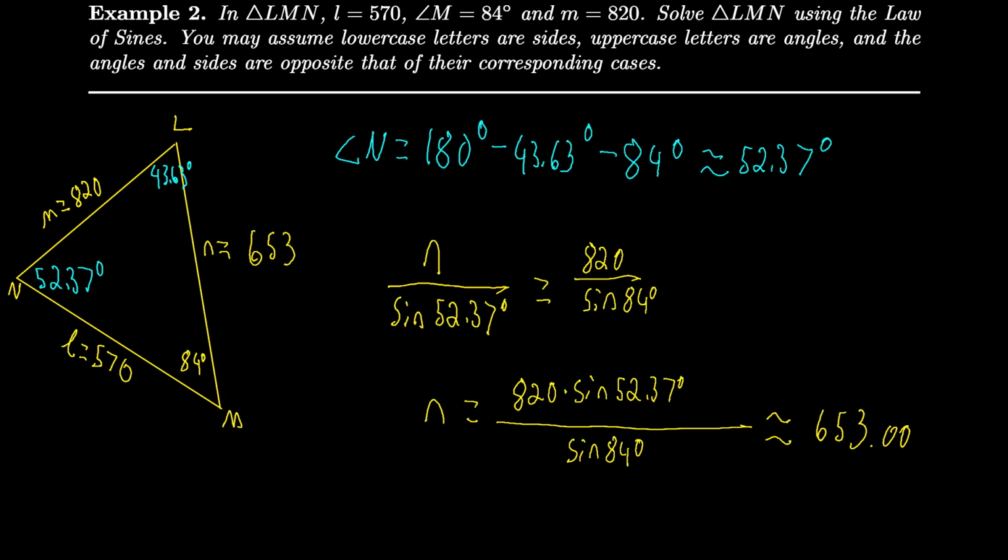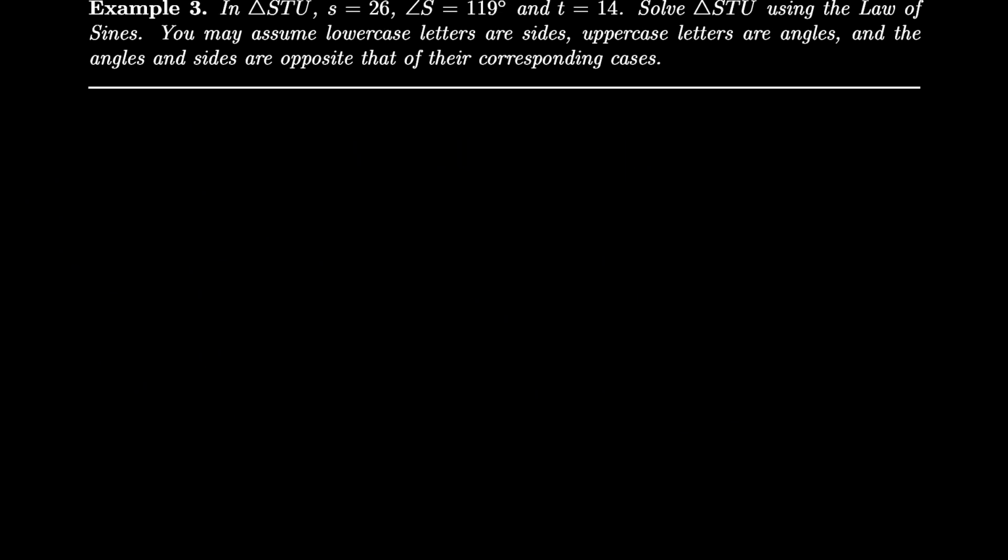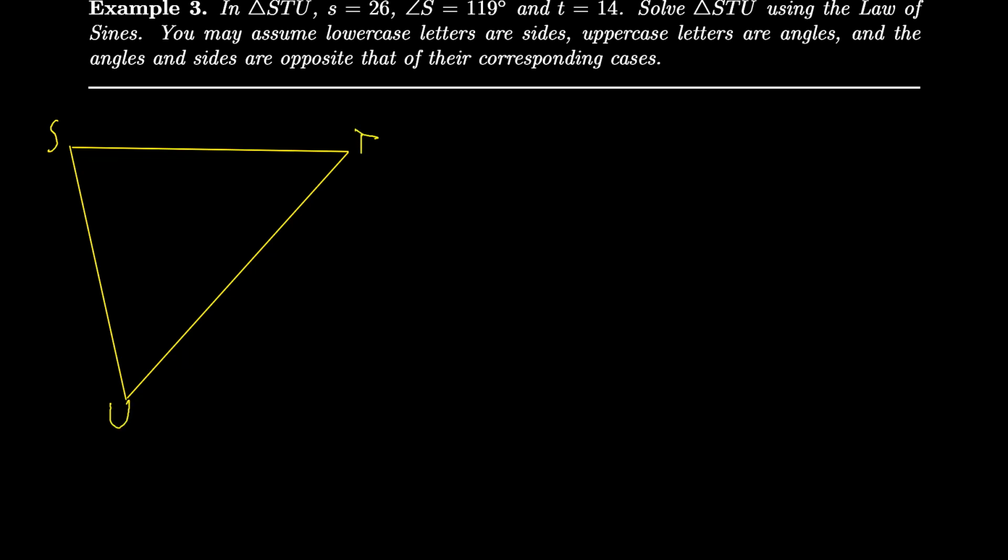We got old triangle STU here, so let's do an upside down STU, like this. Okay, so in triangle STU, let's label everything. Little s must be over here, so little s must be 26.